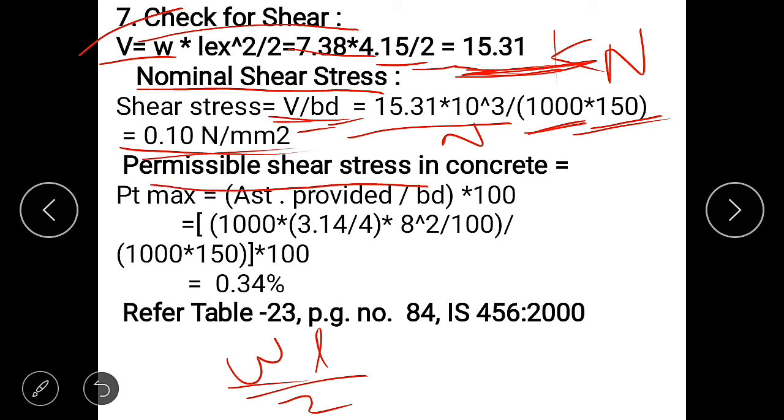Now we have to find the permissible shear stress in concrete. So we have to find PT, which is AST provided divided by BD into 100.